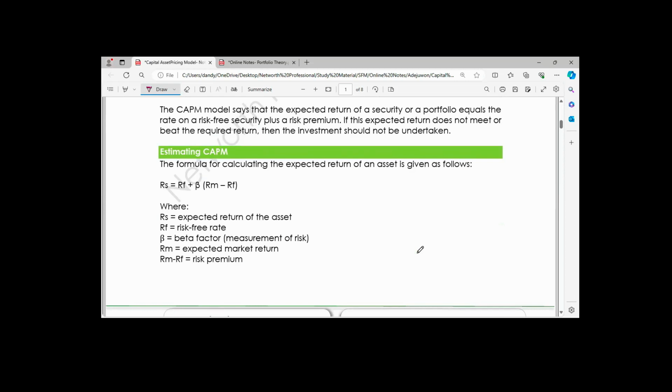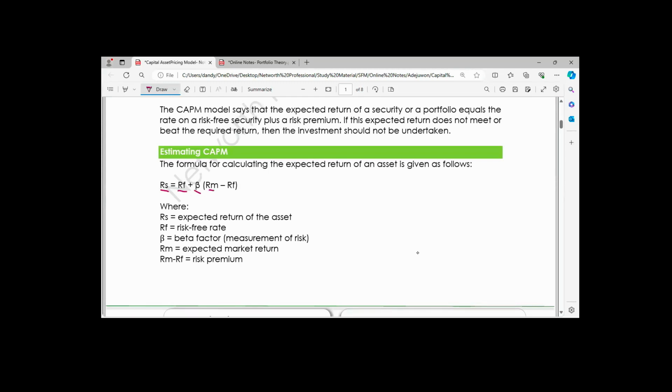To calculate CAPM, which is also the cost of equity, RS is the expected return of the asset, RF is the risk-free rate of return, B is the beta, which measures risk of the asset, and RM is the market return.